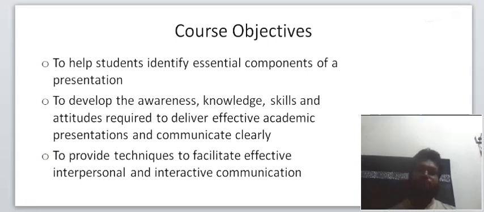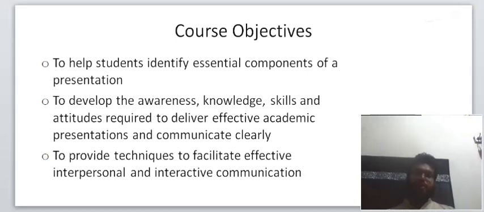So again, if you look at this point, it helps you understand that this course brings together many skills working together. So you need to put your knowledge into practice. You should be able to express your ideas very easily to your audience.